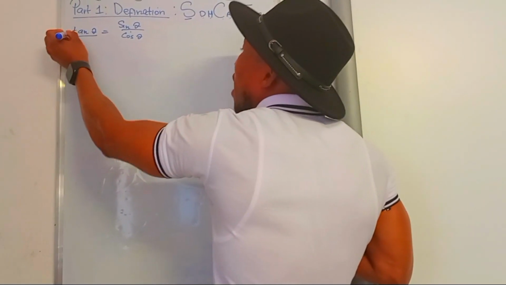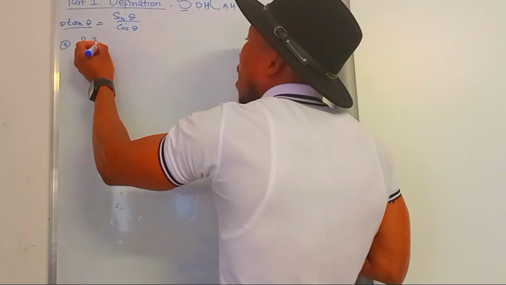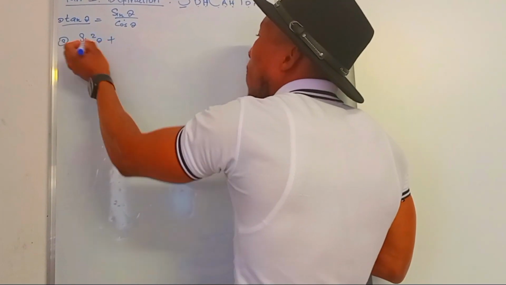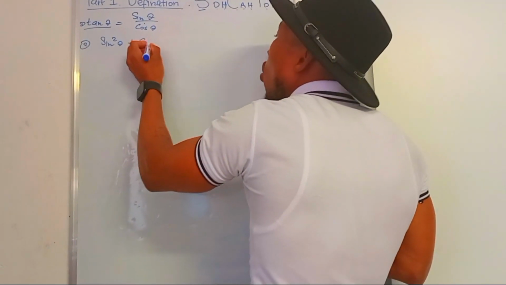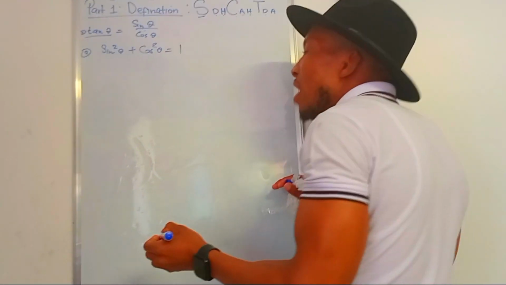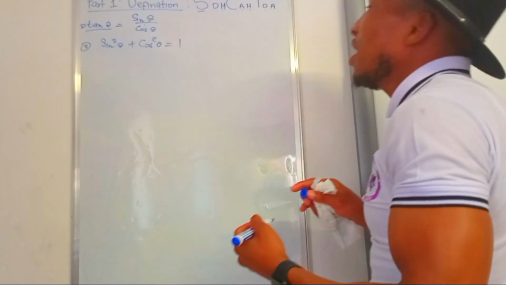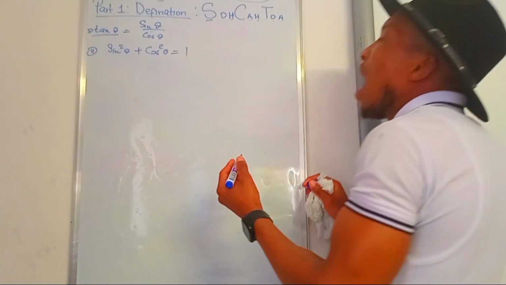Another equation we normally use is the square identity, whereby sin squared theta plus cos squared theta is equal to 1. This identity has perfect squares. How, teacher?